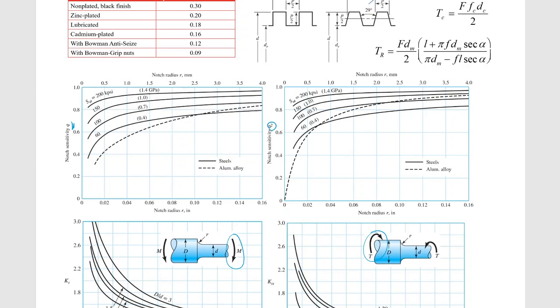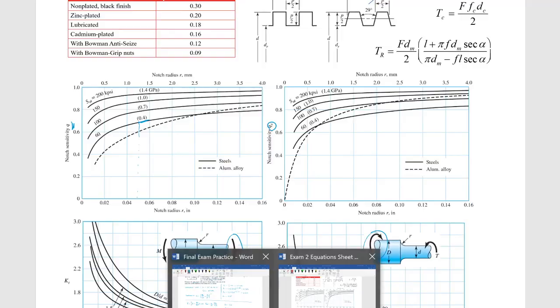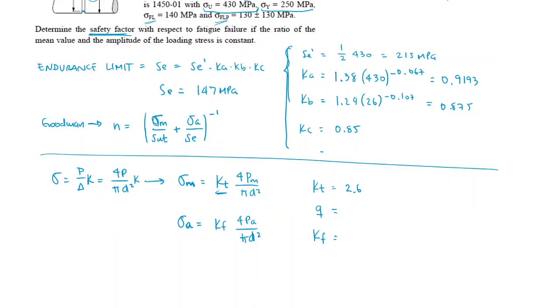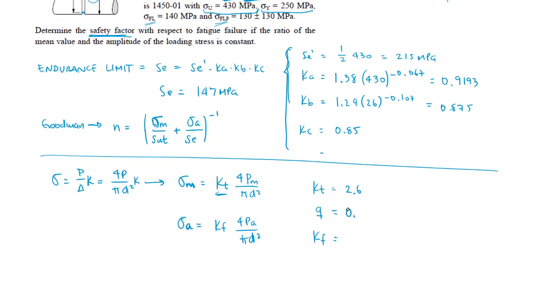I need my SUT, which was 430, so I'm close to this line, and the notch radius is 0.5. I go here and find that q would be close to 0.7. Then my KF is 1 plus q(KT minus 1). So I use these two values and I get 2.12.